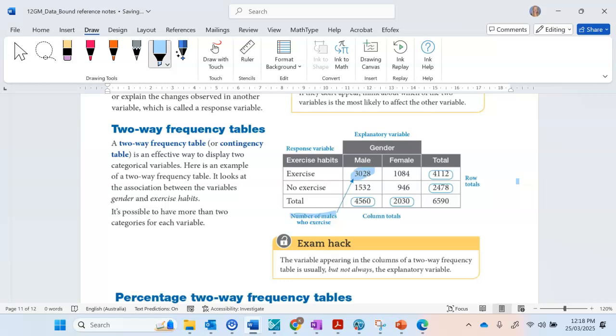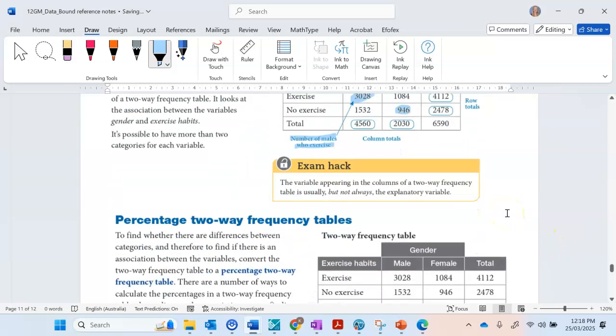So it's the number of males who exercise. You do need to be able to interpret a table. The number of females who don't exercise, 946.